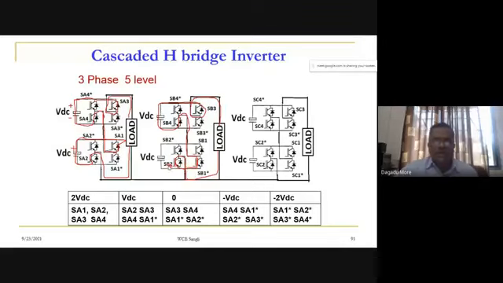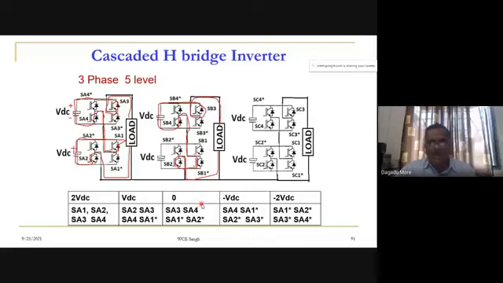So this DC source is not taking part in this case, and only one DC source is coming across the load with positive polarity, and that is why we get a plus VDC level. This particular circuit we can use to obtain plus VDC at the load.